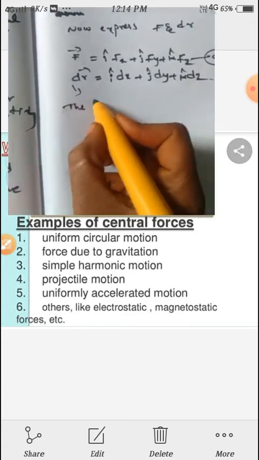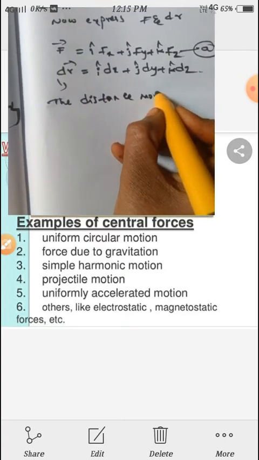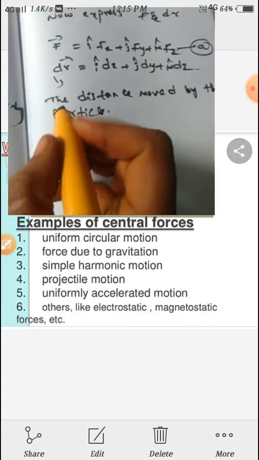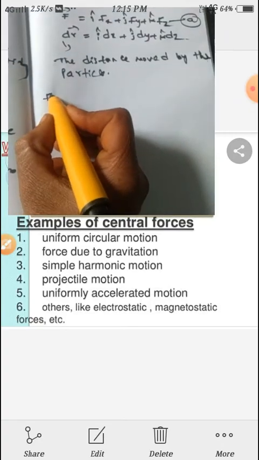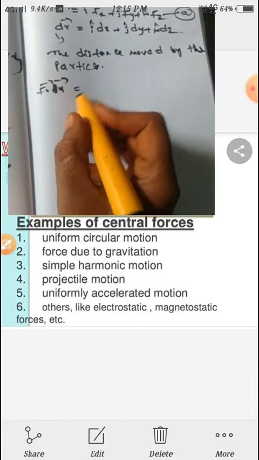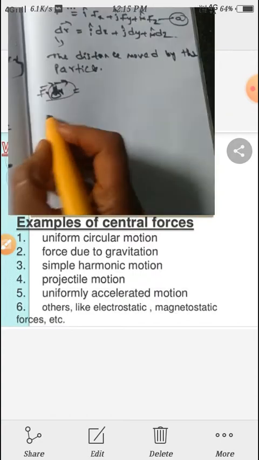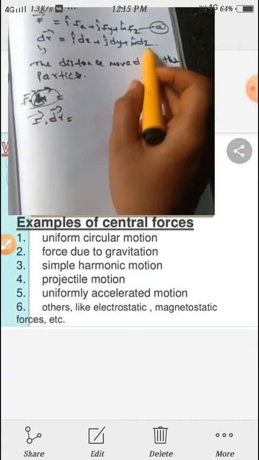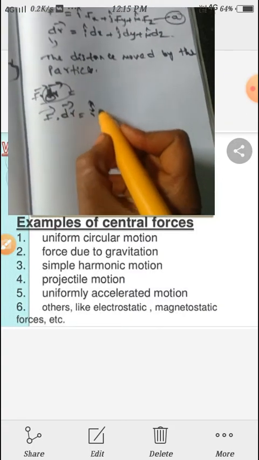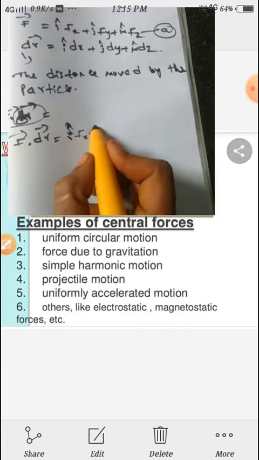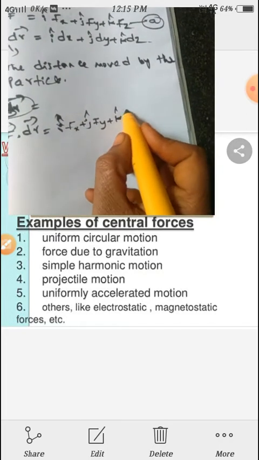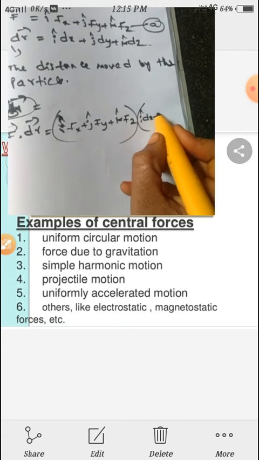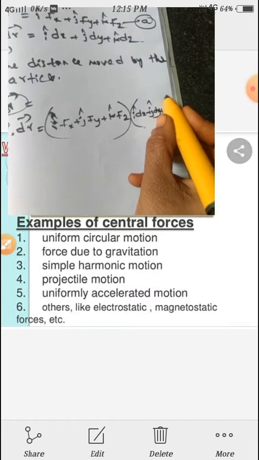So multiplying, F dot dr is equal to i cap Fx plus j cap Fy plus k cap Fz, multiplied with i cap dx plus j cap dy plus k cap dz.